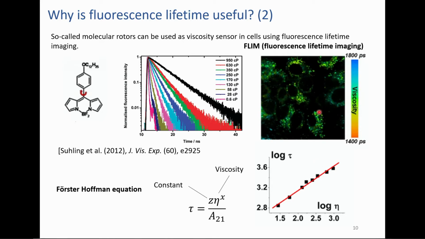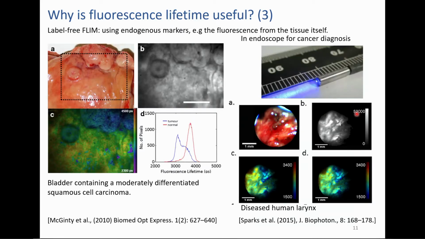I don't know whether you can see it on the slide, but I hope you do. And so you can measure that there are compartments within the cell where the viscosity is very different. And that, of course, is important for molecular transport inside the cell, and tells you interesting things about what compartments you might look at by just looking at the fluorescence lifetime.